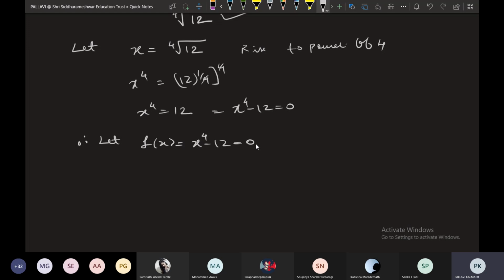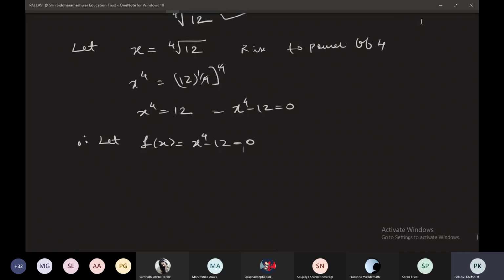Is the equation formation clear? Yes, all of you. The equation formation is clear. Okay, then go on solving. Tell me initially where the root lies. Give me two values between which the root will lie.